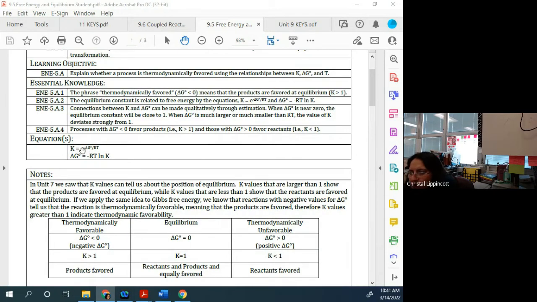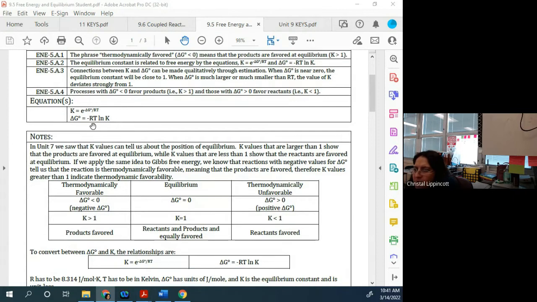Remember, our K value was our equilibrium constant. It's going to take e to the negative delta G over RT, and that's just rearranging the equation on your equation sheet. We call this the rat-link equation, because it looks like rat and link.